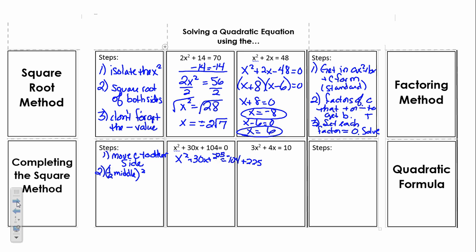So now I have a perfect square trinomial on the left side, right? So you write your binomial squared. We'll have x plus 15 squared equals, and when we had a negative 104 plus 225, what are we going to get? 121.